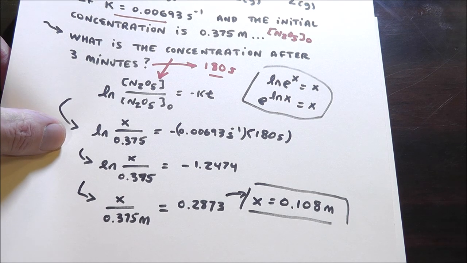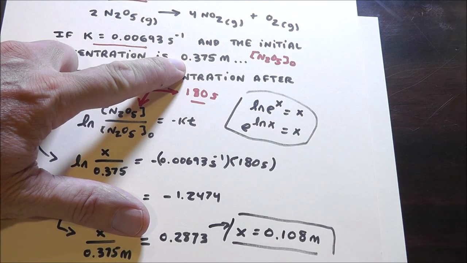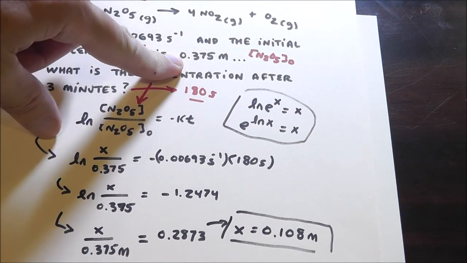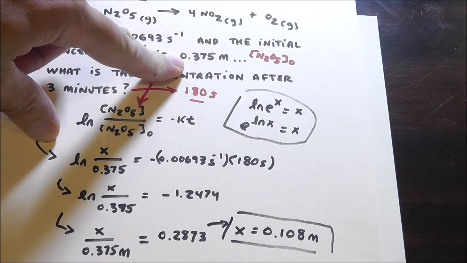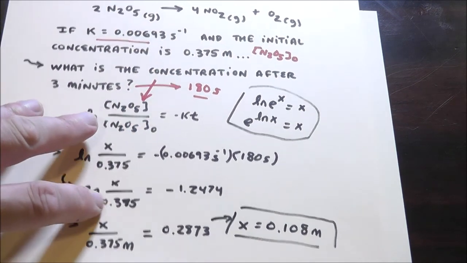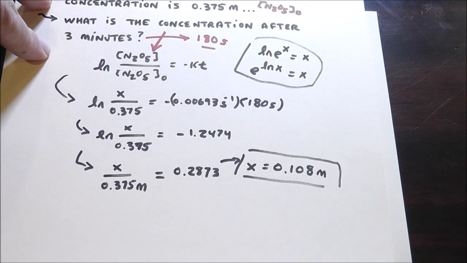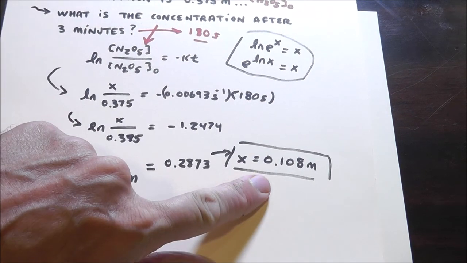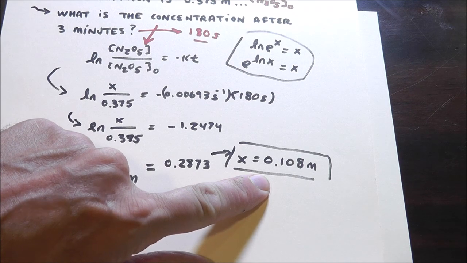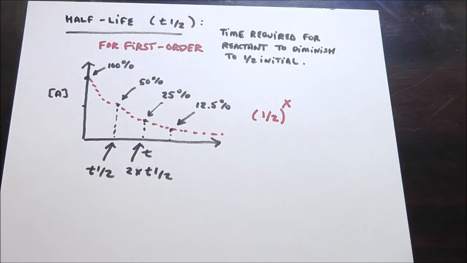But I could say that 0.375 divided by 2 is 0.1875. That would be 1 half-life. Divided by 2 again would be 0.09. So that result there, I could say is somewhere between 1 and 2 half-lives.